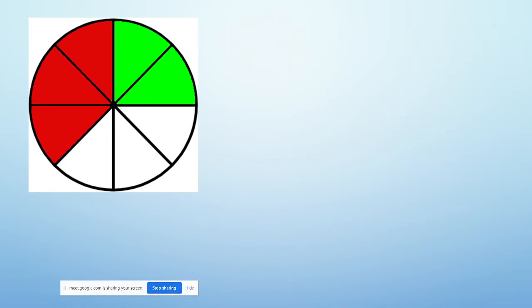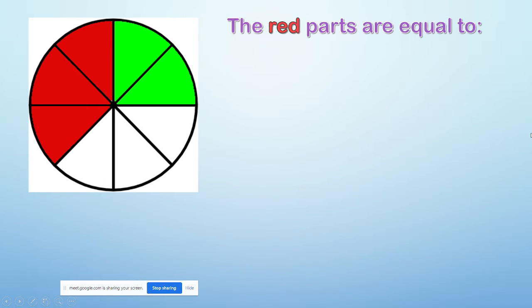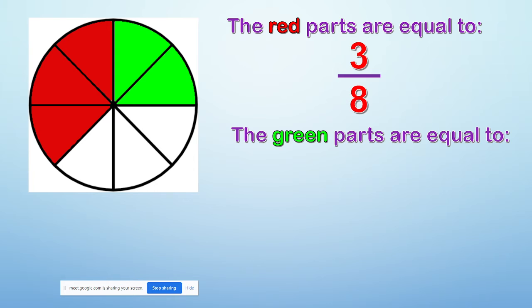Now, for example, another example, we have a whole circle and then we cut it into 8 parts. Now, the red parts are equal to 3/8, right? And the green parts are equal to, what's the fraction for the green parts? 2/8, yes.